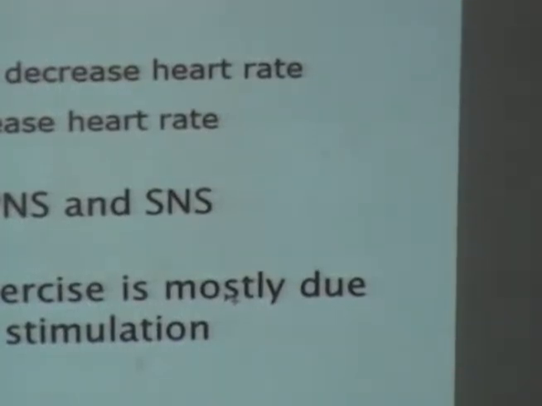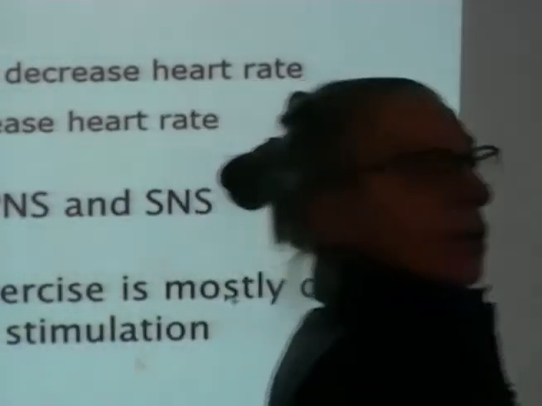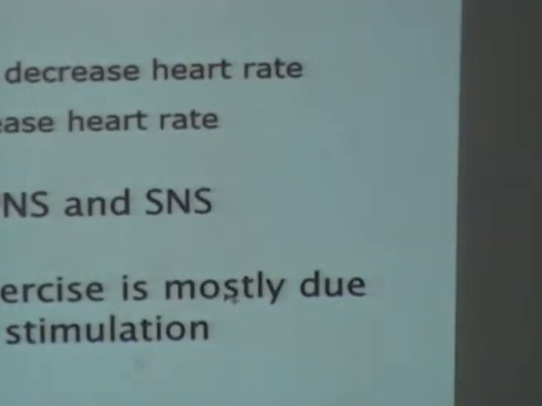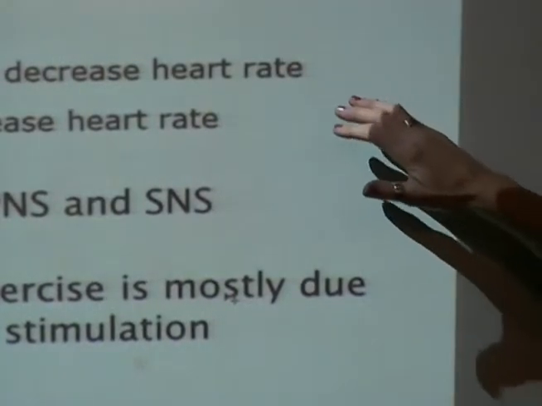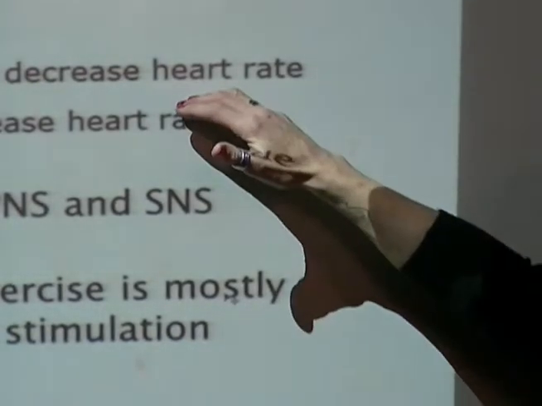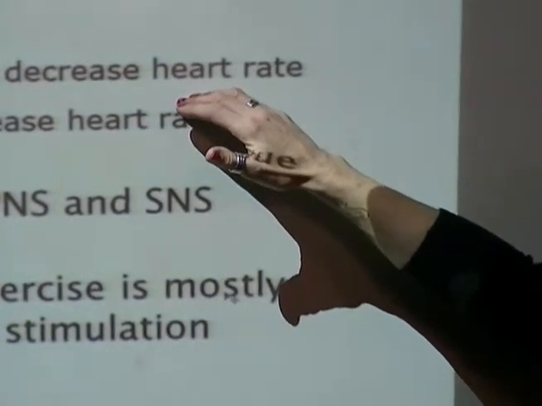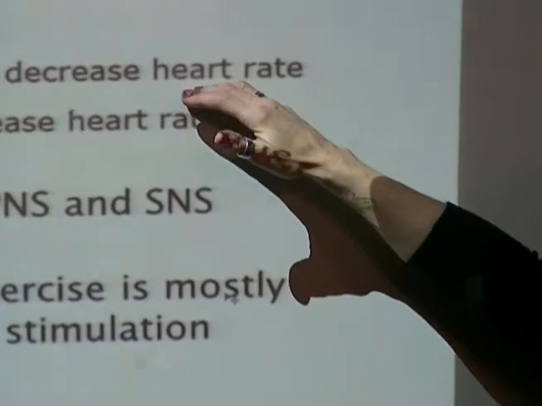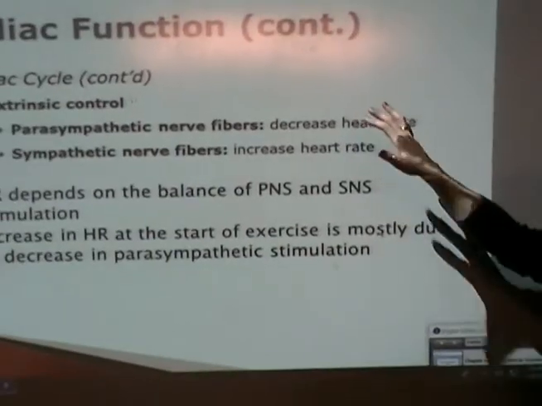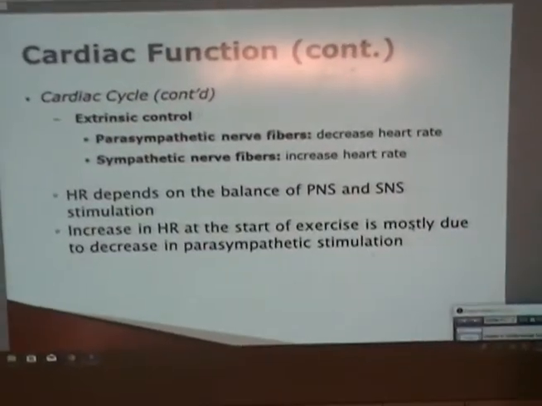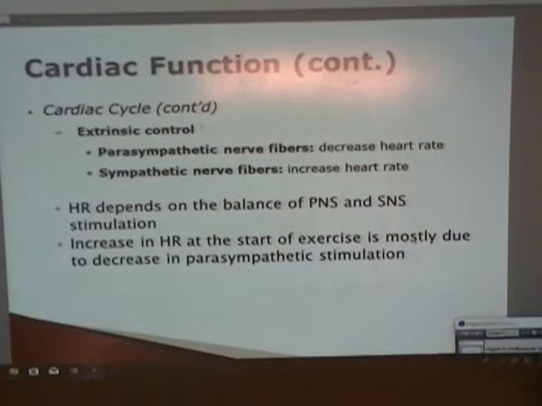So the extrinsic control is information from the central nervous system, mostly. We've also got some hormonal influence as well. Okay. So the parasympathetic system, remember, is our rest and digest system, from the previous chapter.